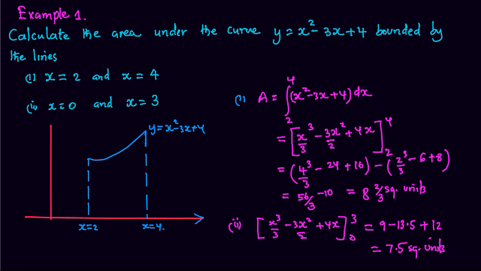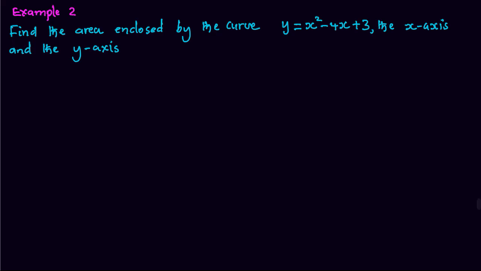Second example. Find the area enclosed by the curve, the x-axis and the y-axis. So we have the curve y is equal to x squared minus 4x plus 3. So we need to find x-intercepts of the curve.